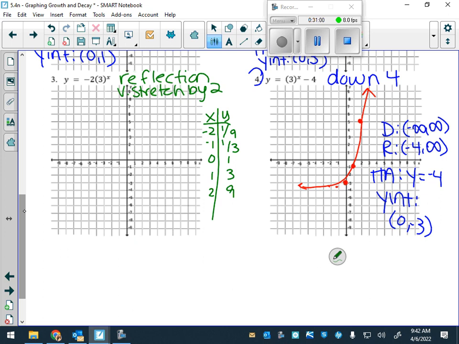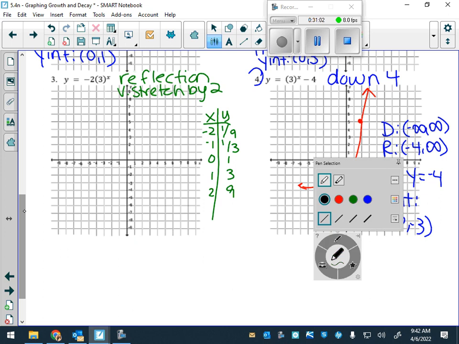Okay. If we took our original values, what would we have to do to show the reflection and stretch? You would multiply your original y values by -2. That takes care of the reflection and the stretch. So we would have -2/9, -2/3, -2, -6, and -18.